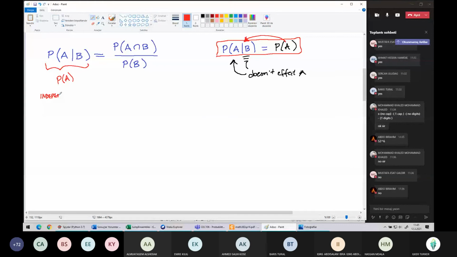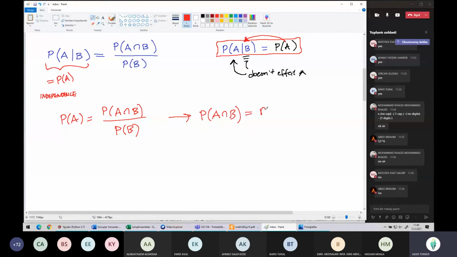Okay. So let's reorganize the expression. P(A) equals P(A intersection B) over P(B). Therefore, P(A intersection B) equals P(A) P(B) in case of independence.